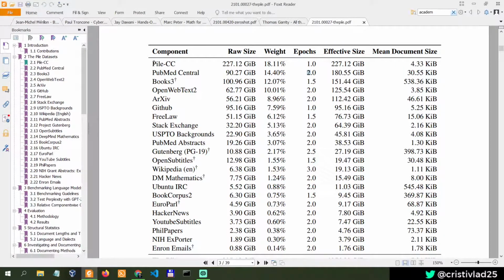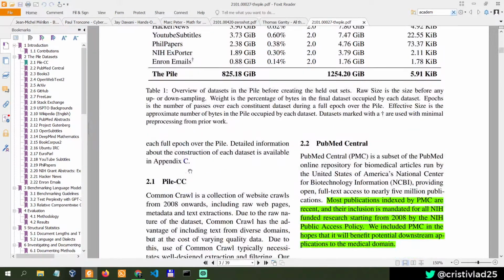For example, you can see that Pile-CC, a Pile version of Common Crawl, is only used once in an epoch, while Wikipedia is run 3 times per epoch, so it weighs more when it comes to training, so it has a stronger say, which is really good in my view.